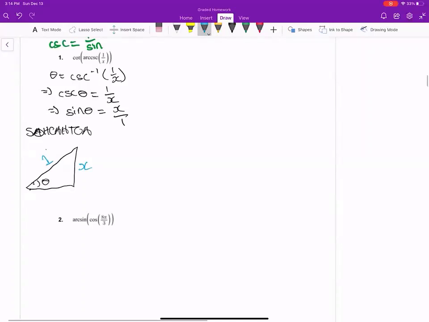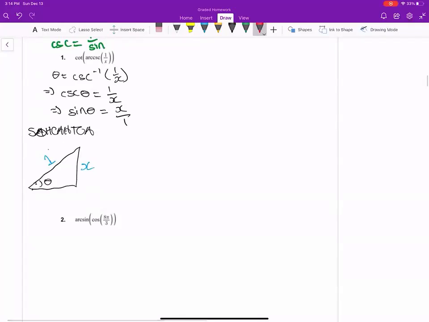Let's calculate the missing side. By Pythagorean theorem, 1 squared equals x squared plus, let's call this b, b squared. Let's solve for b. You get b squared equals 1 squared minus x squared, and b equals square root of 1 squared minus x squared.